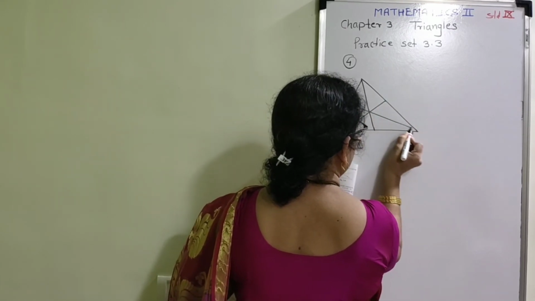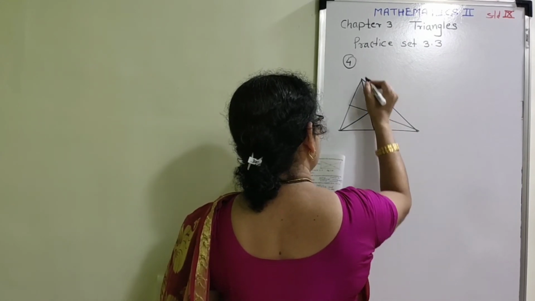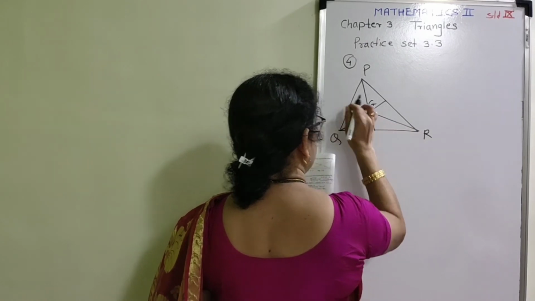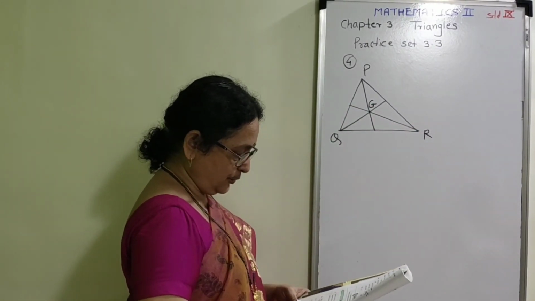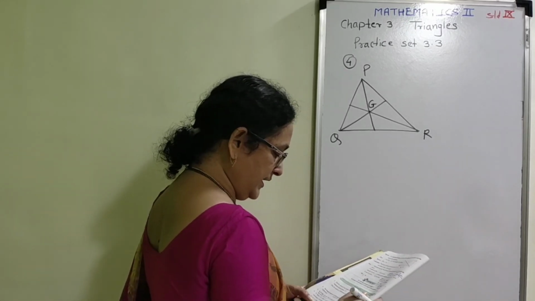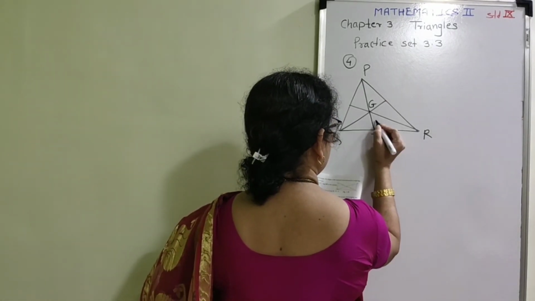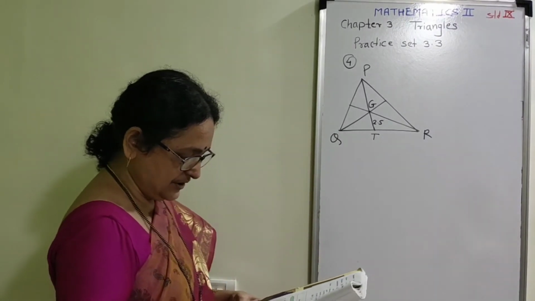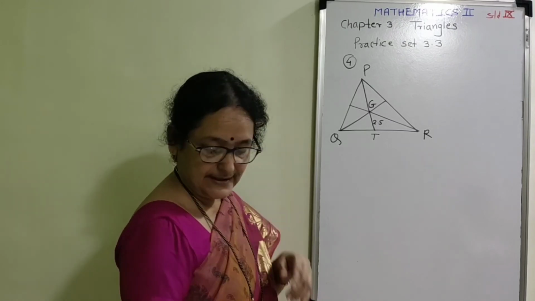Since we know that the medians are concurrent, this is the point G, the centroid, the point of concurrence of the medians of triangle PQR. If GT is equal to 2.5, the length of GT is given as 2.5, find the length of PG and PT.